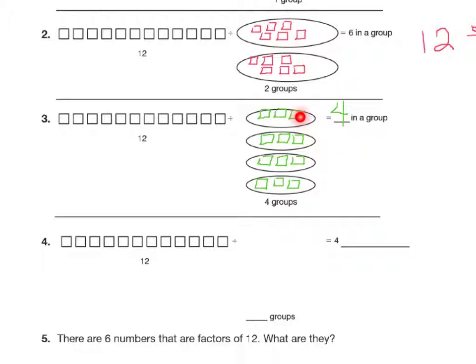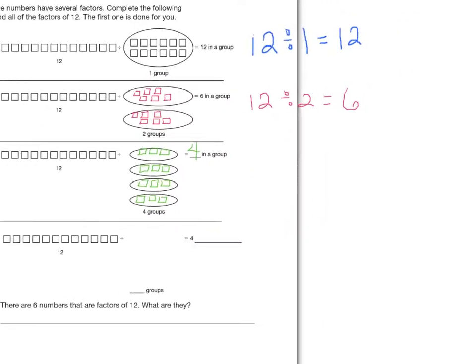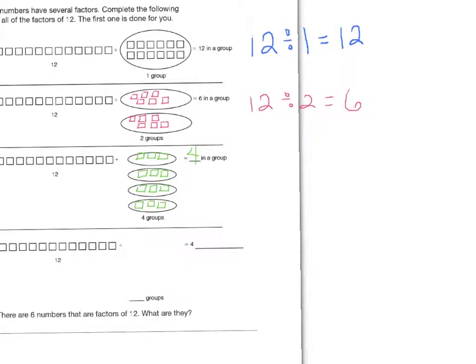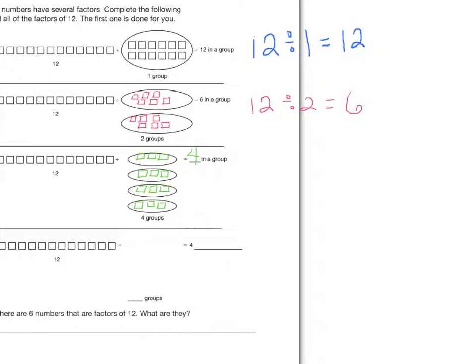Sure enough, there are 12. Now let's write that as a number sentence. We have 12. We split that by 3 groups. No, excuse me, 4 groups. Let's say that again. 12 divided by 4 groups gives me 3 in a group.